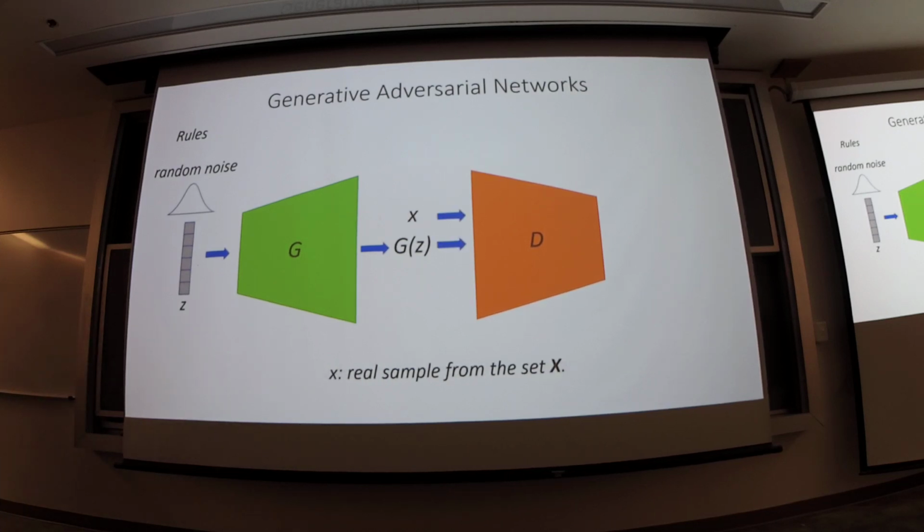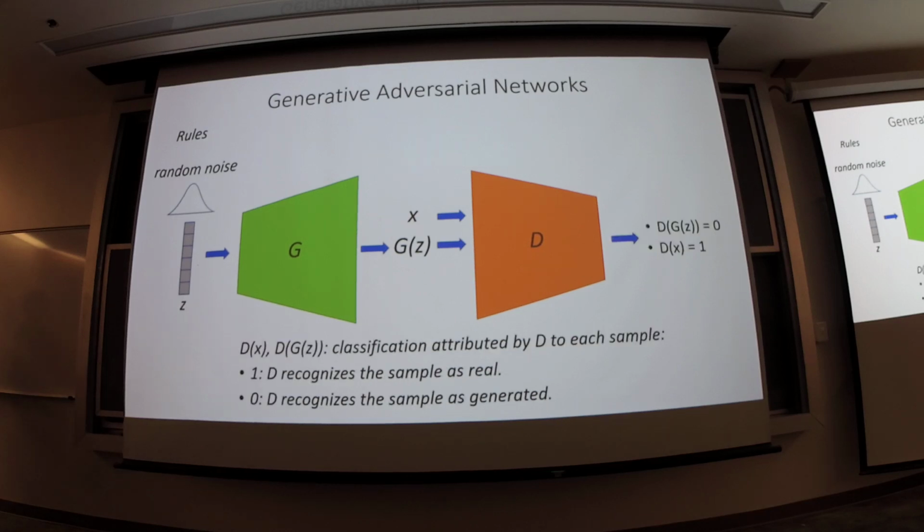Then we give a mini batch of generated images and a mini batch of real images to the discriminator, which has to return a probability for each of the samples. The goal of the discriminator is to give a 0 if it thinks that the sample is generated, and a 1 if it thinks that the sample is real. Okay?